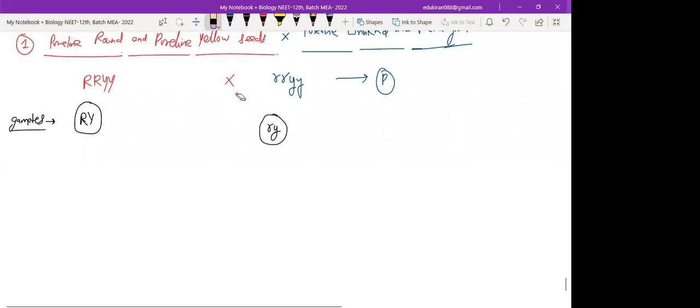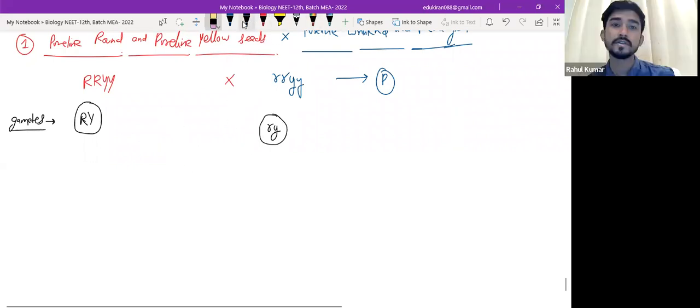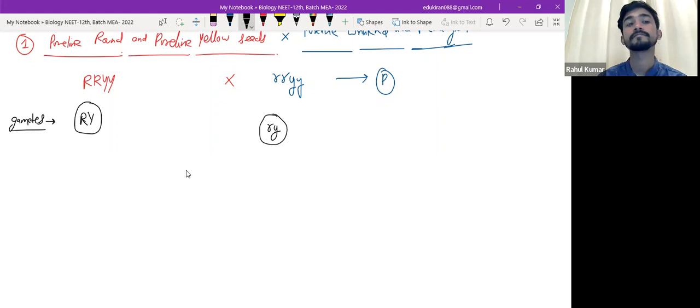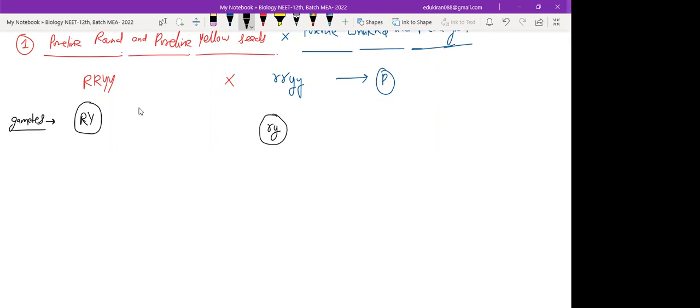Yes, sir. So if I cross these two parents, then what will be the genotype and phenotype of the first generation? Tell me. Capital R, small r, capital Y, small y.